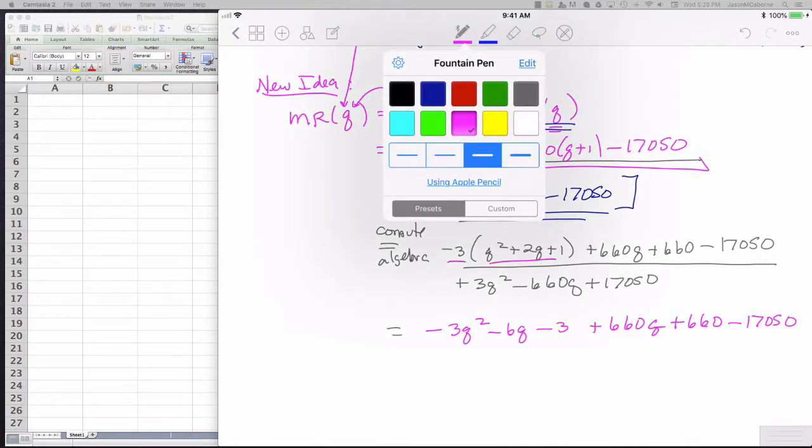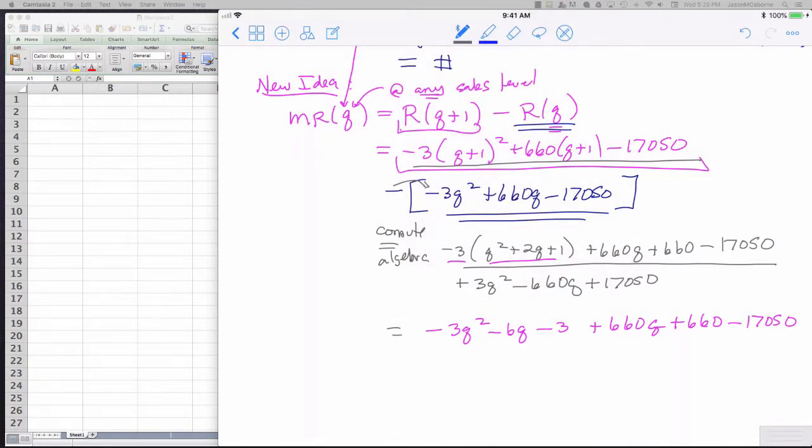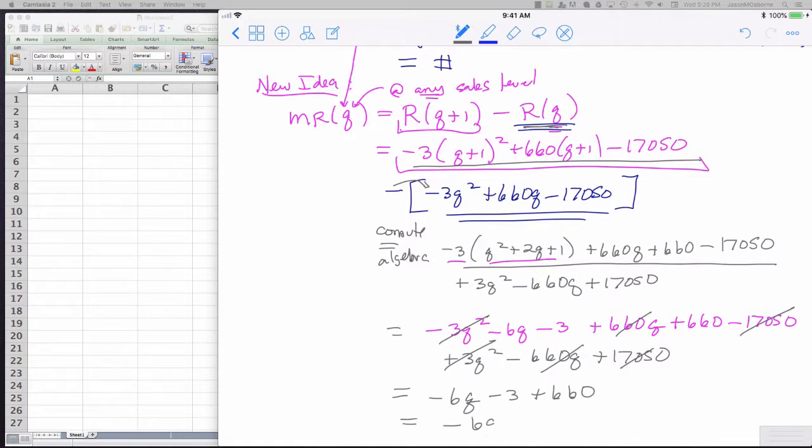And then we have the other term: minus the revenue at Q items was plus 3Q squared minus 660Q plus 17050. The 660Qs will cancel, the 3Q squareds will cancel, the 17050s will cancel, and all you have left is minus 6Q minus 3 plus 660, which leads to an answer of minus 6Q plus 657.